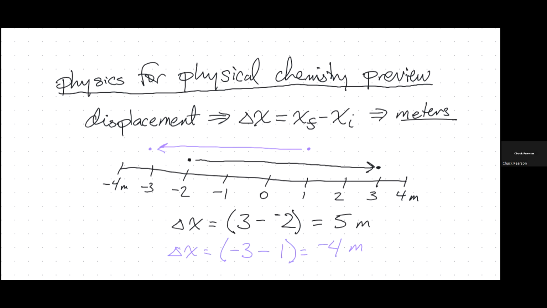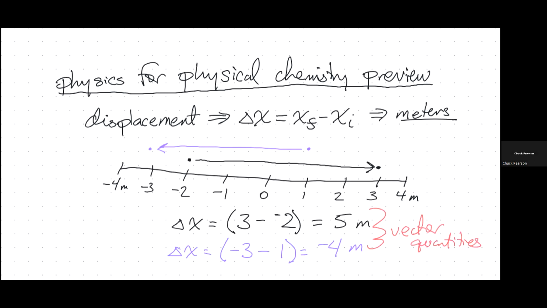It moved in a positive direction. The second object moved right to left. It moved in a negative direction. And the computations we did along those lines imply that. And the signs represent that these are vector quantities.